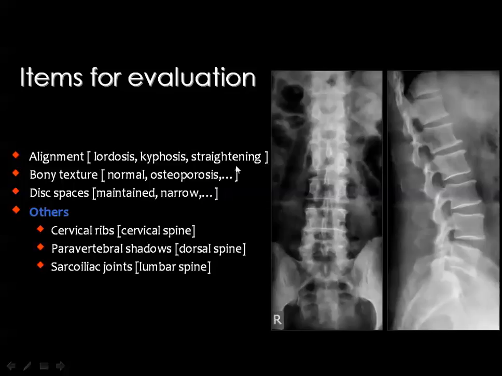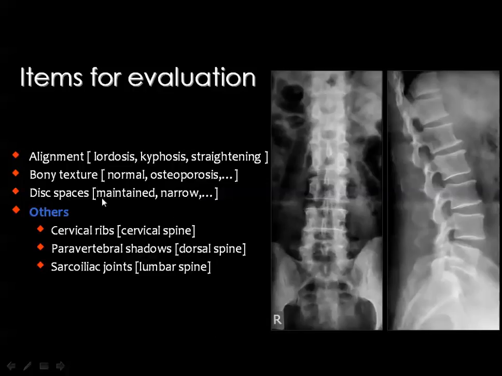and if the curve is straightened, we may say that there is a straightening of the lumbar curve, for example, or cervical curve. Then we look for the bony texture, if the bone density of the vertebrae is normal, or there is osteoporosis or increased bone density, like sclerosis, for example.